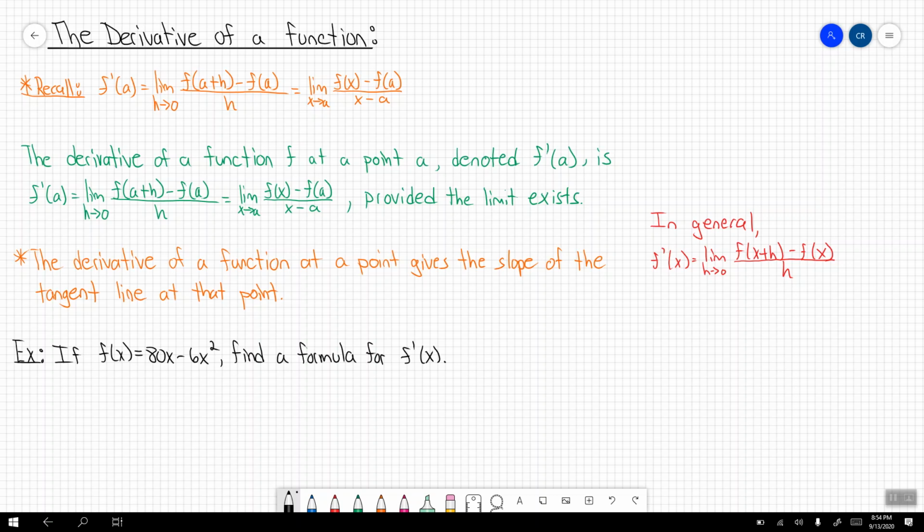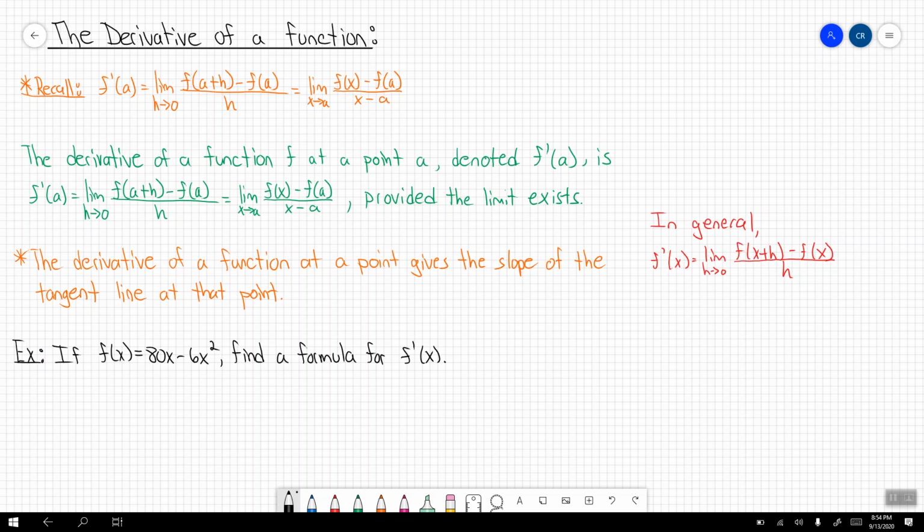Hi everybody, welcome back. So for this lesson we're going to be talking about the derivative of a function. Now I want you to recall what we were looking at in the previous section, the tangent line to a given curve.